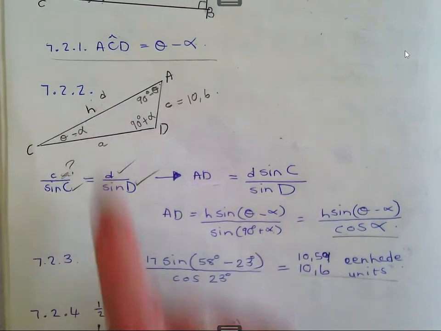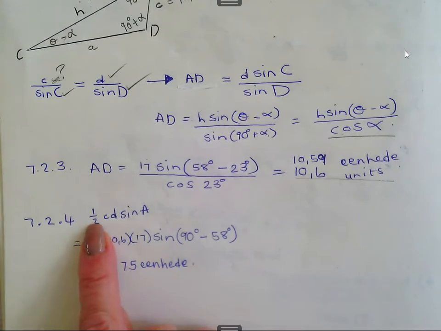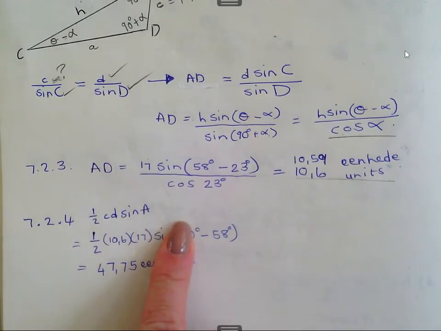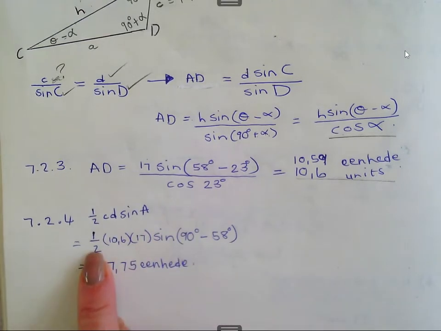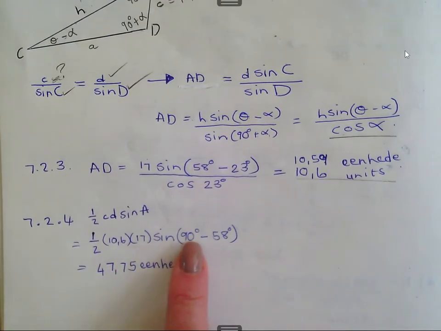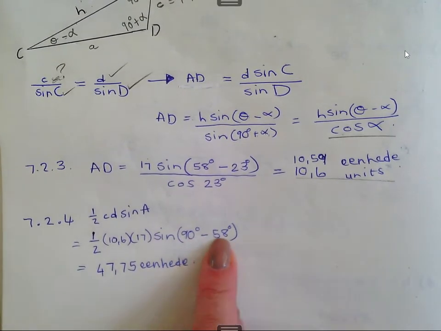So therefore, I'm going to choose a half CD sin A. Make sure, put in the time you need to get the correct variables so that you substitute the correct values. It's 10,6, 17, and then sin 90 degrees minus 58.